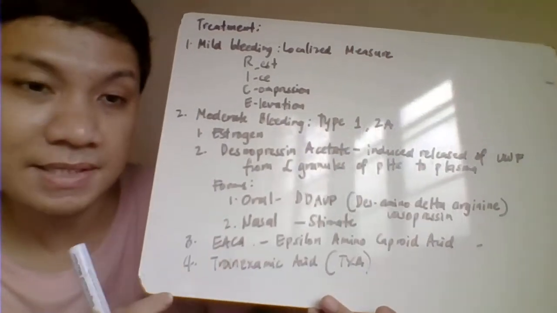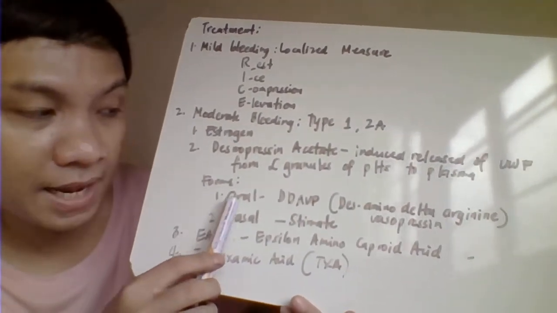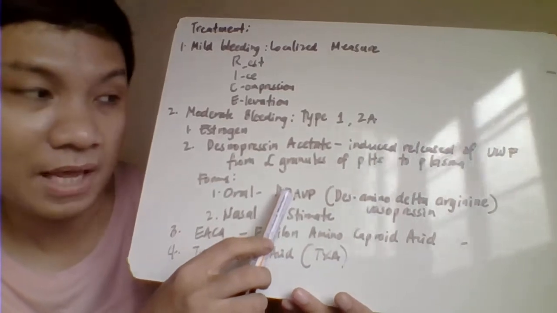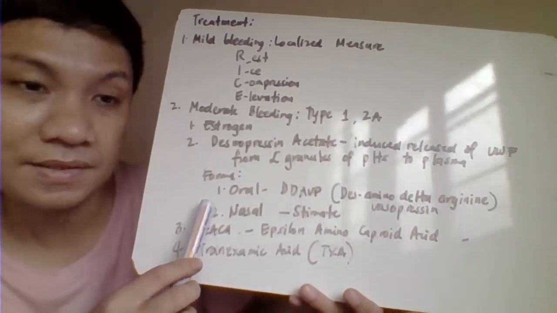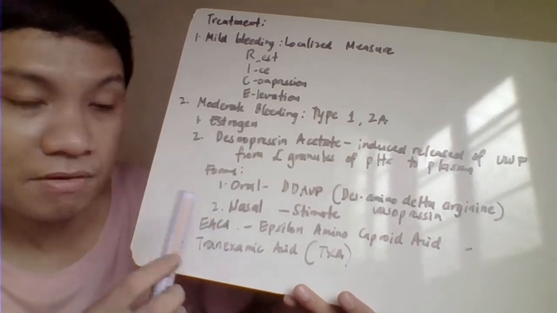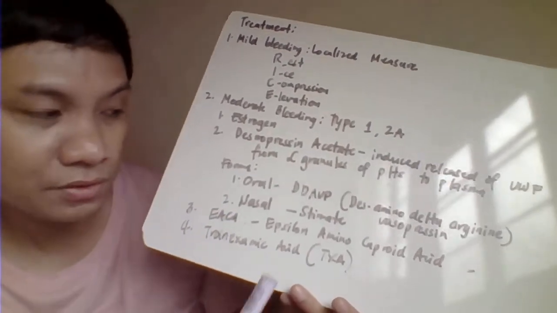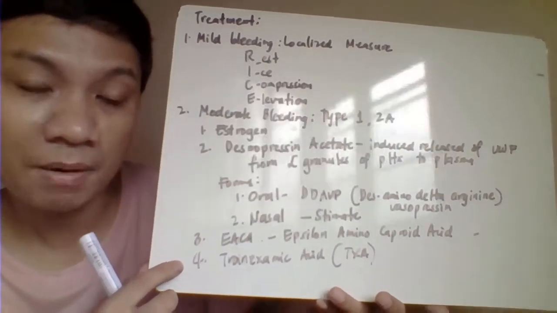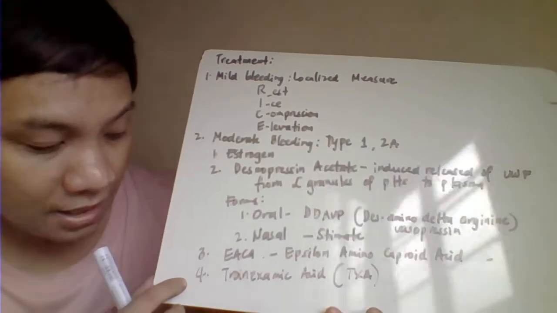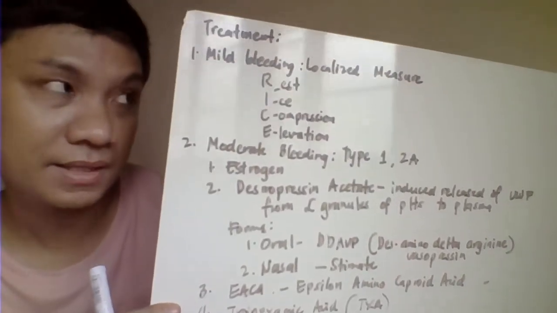Your desmopressin acetate could be in the form of oral, your desamino delta arginine vasopressin, or in the form of the nasal, hinihinghod, so Stimate. Another one, we have your epsilon aminocaproic acid as a treatment for that. And number 4, we have your tranexamic acid.